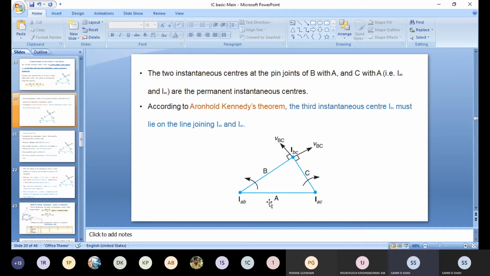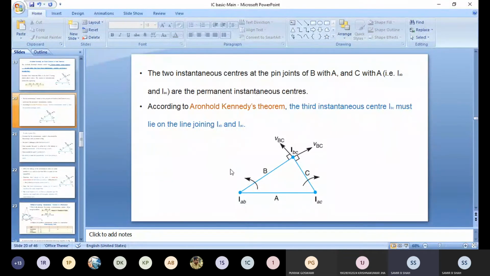B with A means IAB, and C with A means IAC, are the permanent instantaneous centers. As per Kennedy's theorem, the third IC, IBC, must lie on the line joining IAB and IAC.